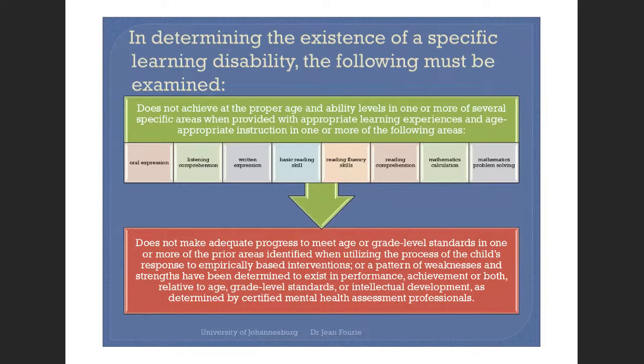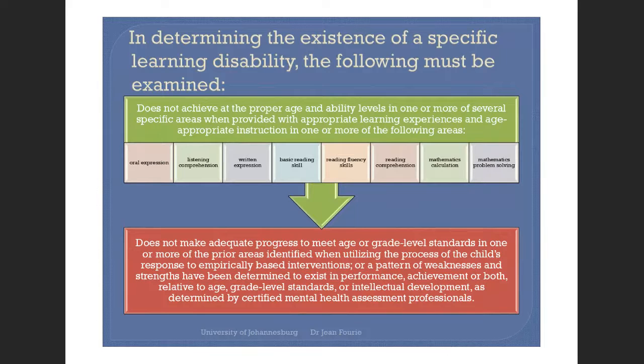In your assignments for your scholastic assessment module, when you write your reports for scholastic assessment, you can say that you suspect or you think that the child is showing signs of a learning disability.